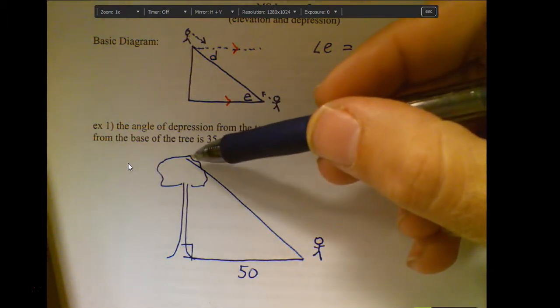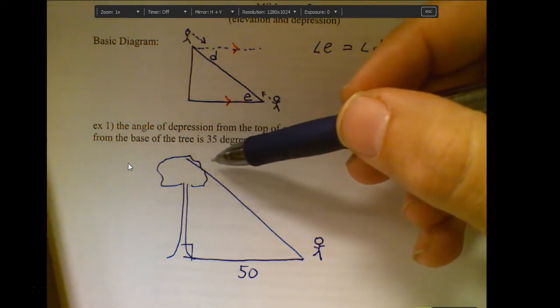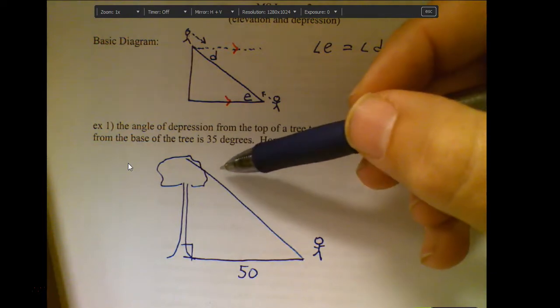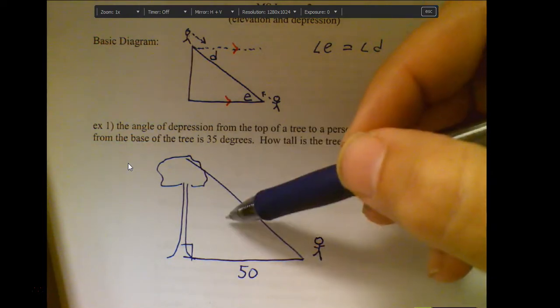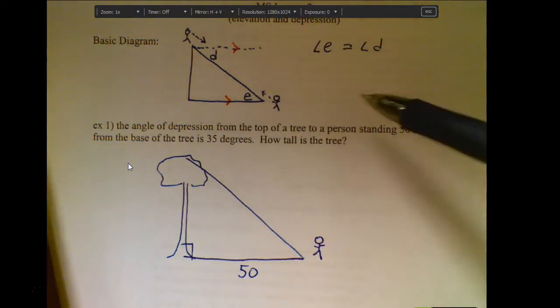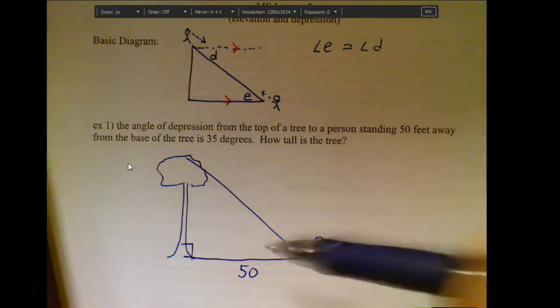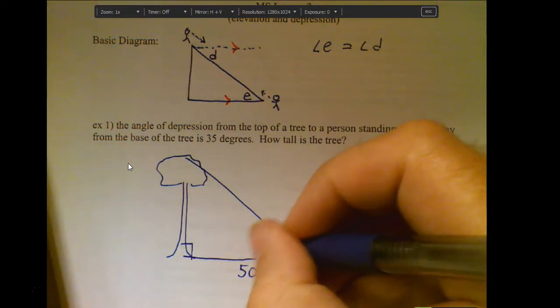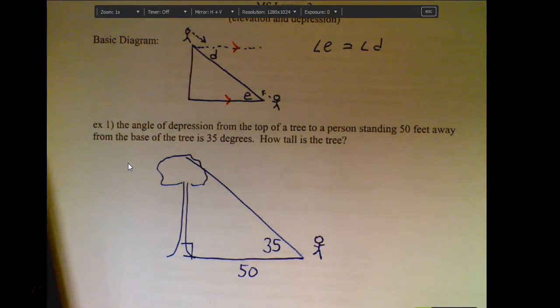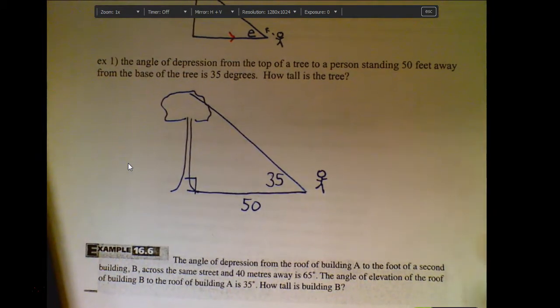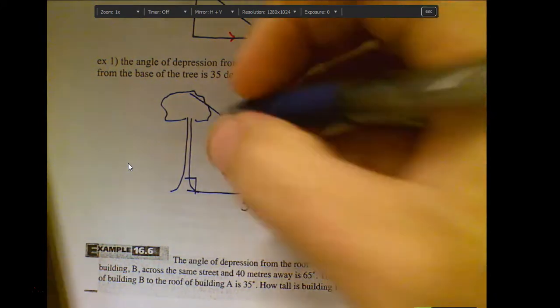If I wanted to, I could draw a horizontal line right here and stick the angle of depression right here. But with this drawing, it would make more sense to put my 35 degrees here instead, since elevation and depression are always equal. That's going to make more sense for this drawing. And now they're asking how tall is the tree, so let's throw an X in for that.